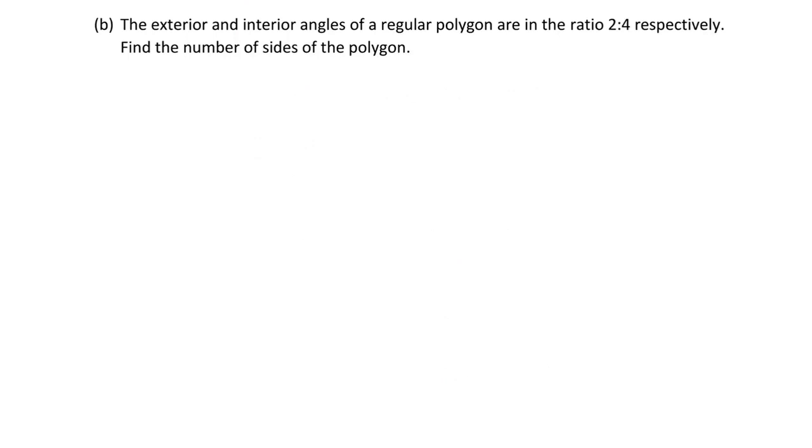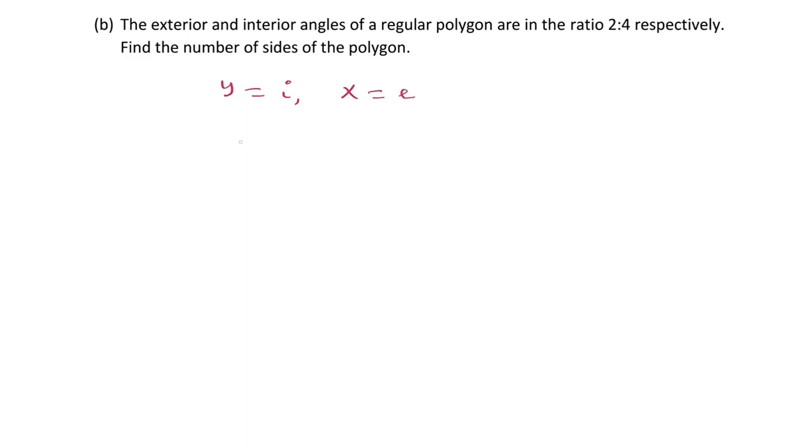Part B. The exterior and interior angles of a regular polygon are in the ratio of 2:4 respectively. We are supposed to find the number of sides of the polygon. Okay, so this is the ratio problem. So first we are going to let y equal the interior angle and x be the exterior angle.